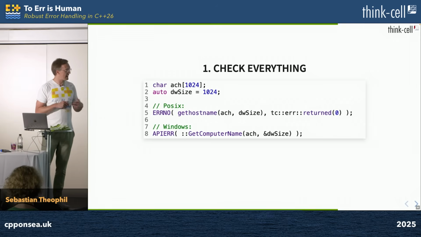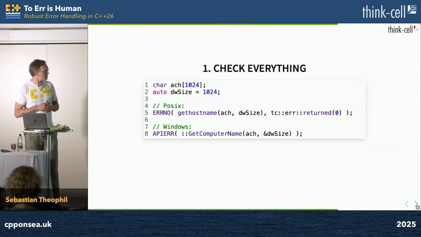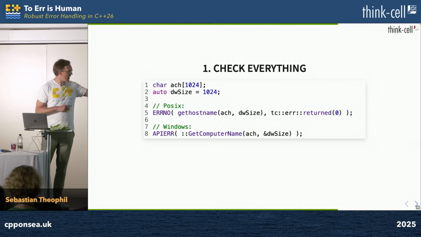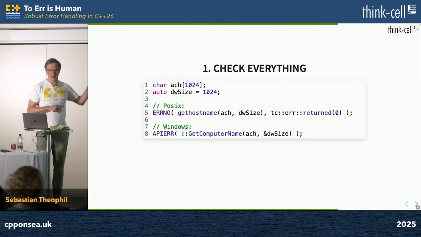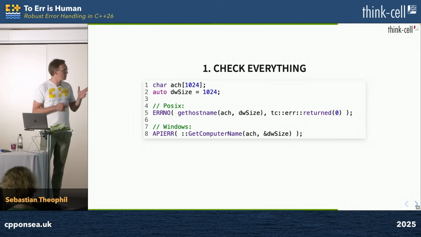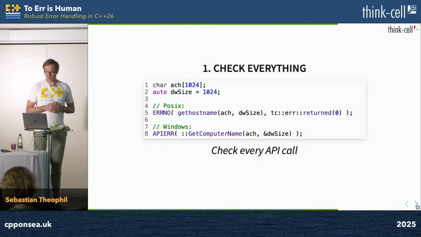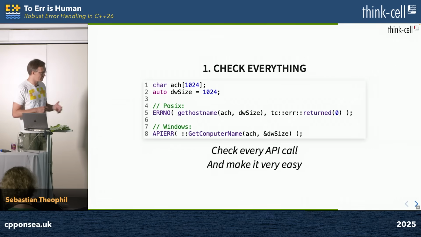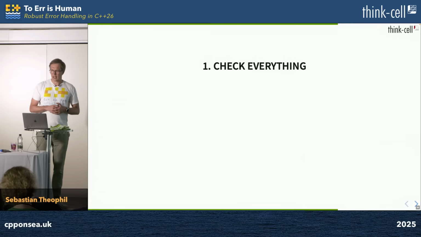And you can ask GetLastError for the error message. So we have macros for every single variant of error codes that the operating system functions can return. And we use them on every API call. And we make this very easy, as you can see.